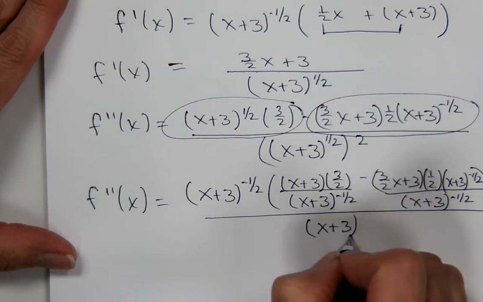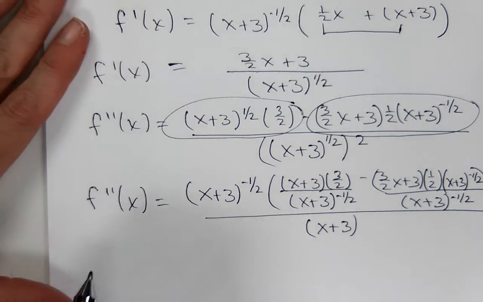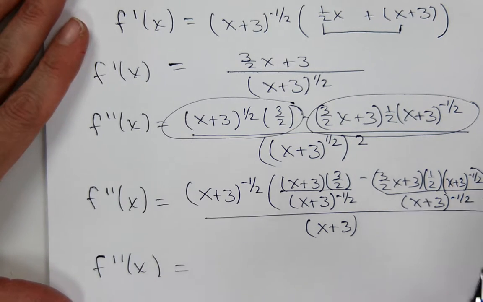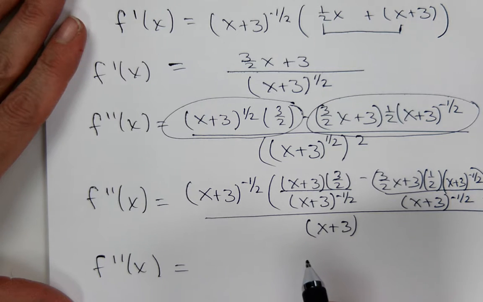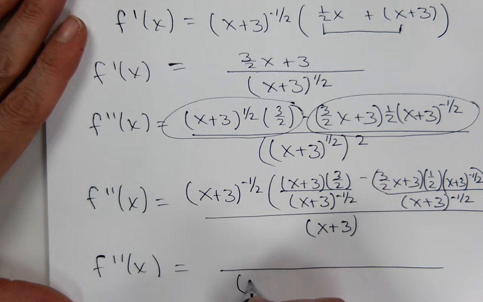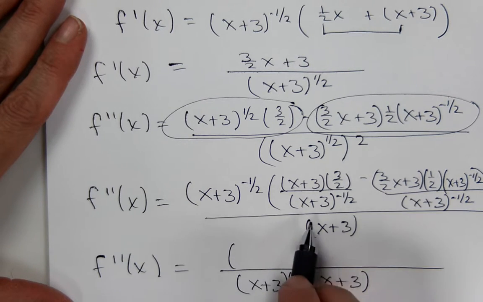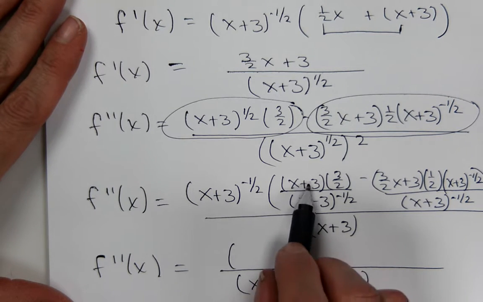The denominator is just x plus 3. So we get f double prime of x is equal to, this guy I'm going to move down, that (x plus 3) to the negative 1/2. So I have (x plus 3) to the positive 1/2, and there's already an x plus 3 there. And then looking inside my parentheses, here I'm going to subtract the exponents.